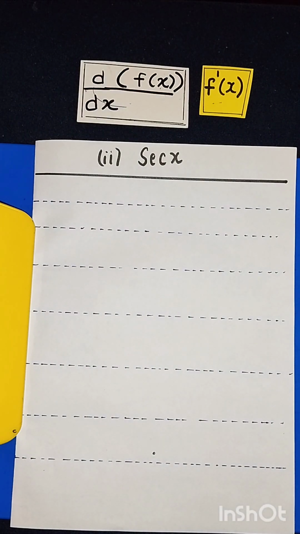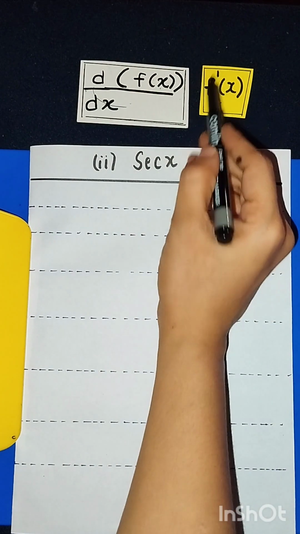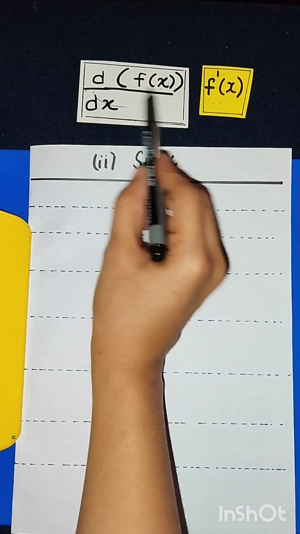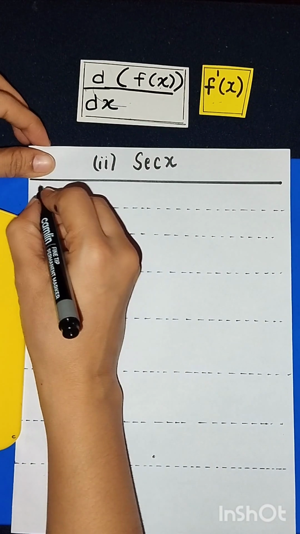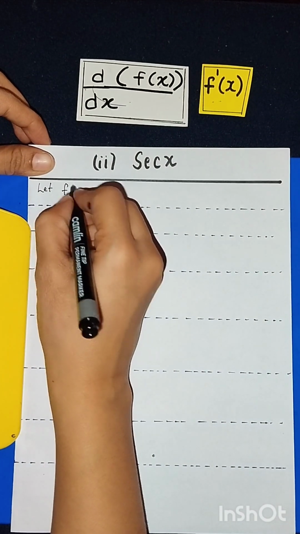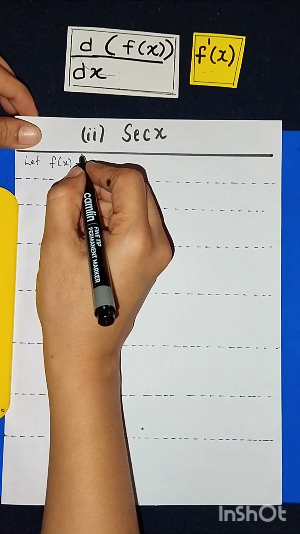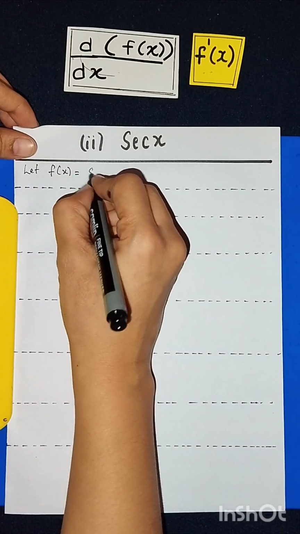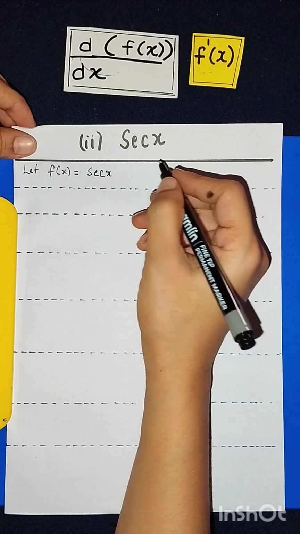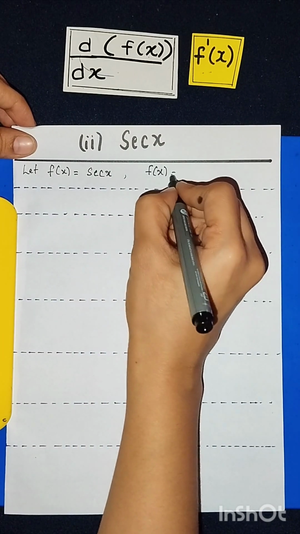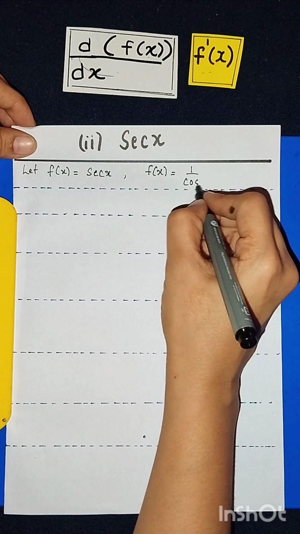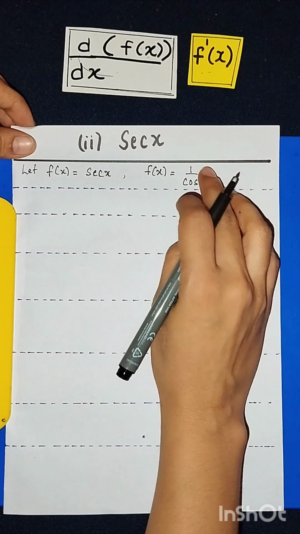Secant x. So we have to find f dash of x, that is d by dx of f of x. So let us label f of x here. Let f of x is equal to secant x. Here we know that secant x is also 1 by cos x, right?